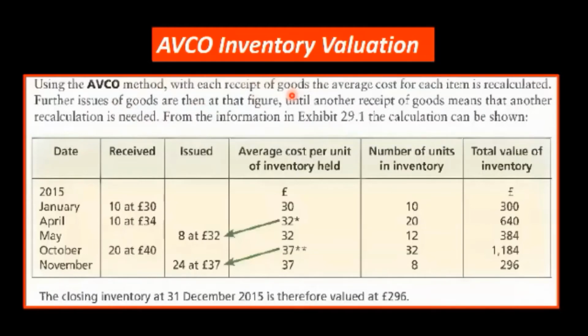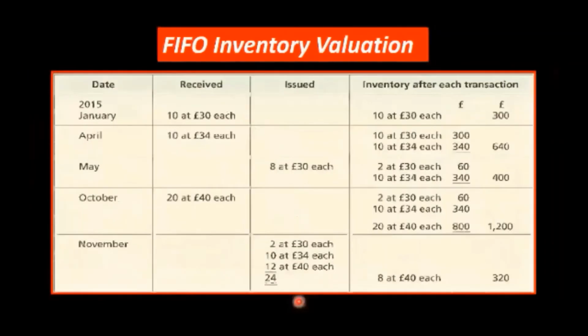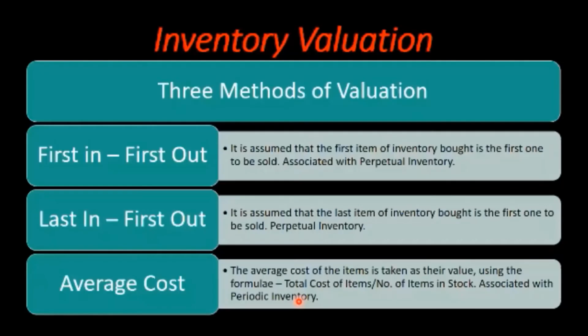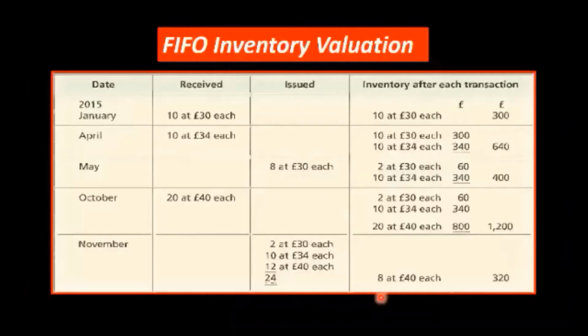Why would it change? Because you are using the formula that we had here: total cost of items divided by the number of items. Anytime you buy items, your total cost will increase, and also the number of items in stock will increase. So your average cost will change, and it changes only when you buy goods.